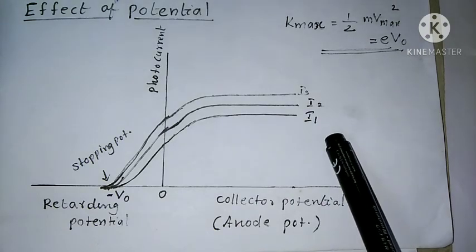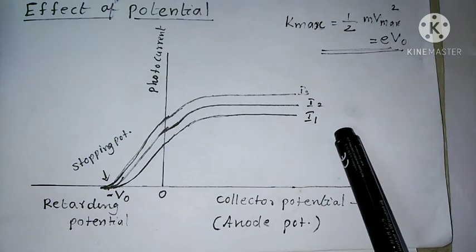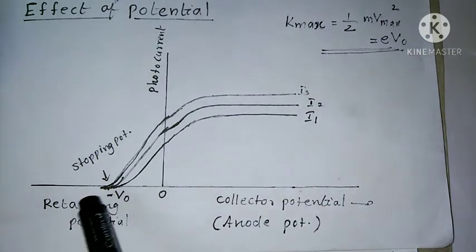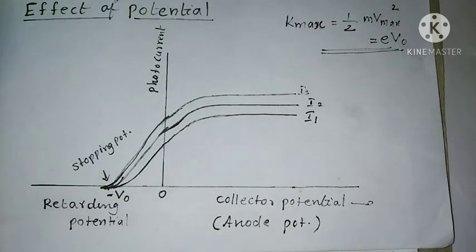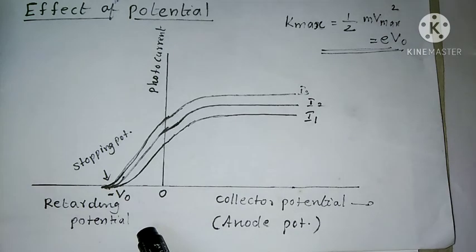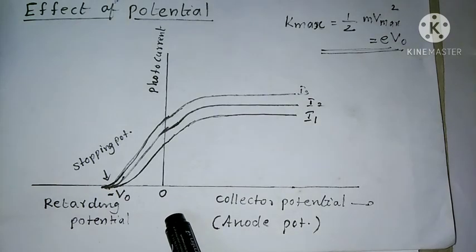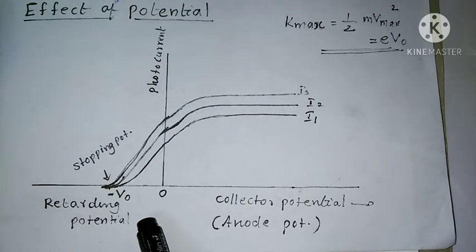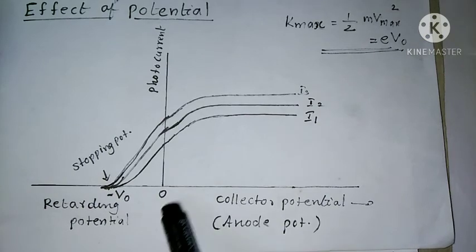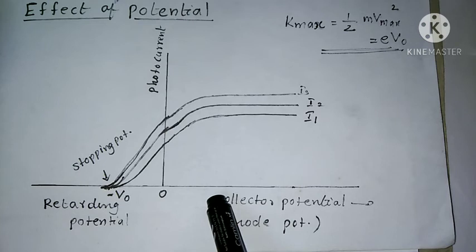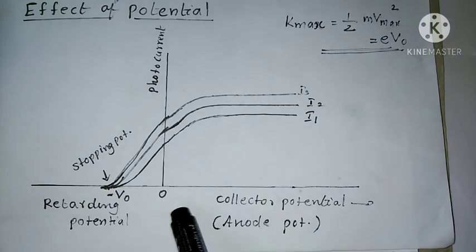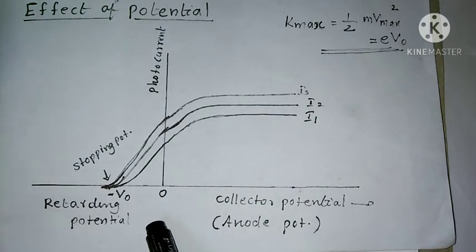Clear? So once again, for a given frequency of incident radiation, the stopping potential is independent of its intensity. In other words, the maximum kinetic energy of photoelectrons depends on the light source and the emitter plate material, but it is independent of the intensity of incident radiation.